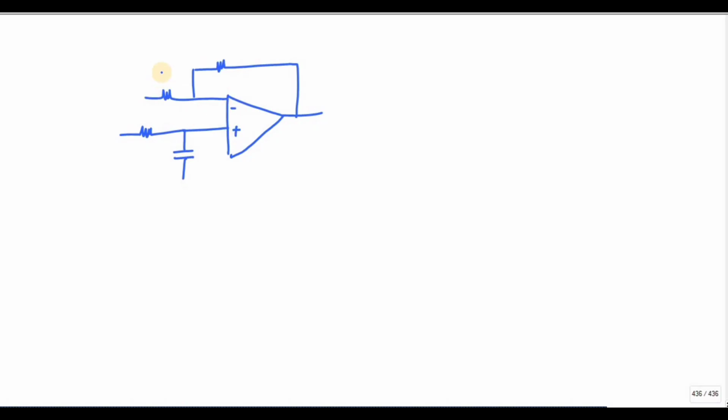So let me come to the design. Since it is an adder, we need to add these two values.